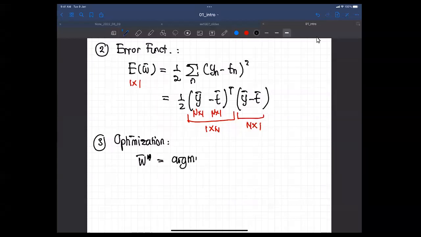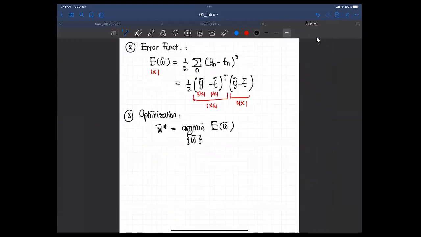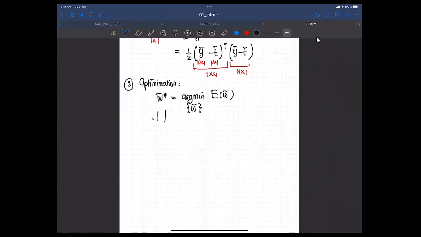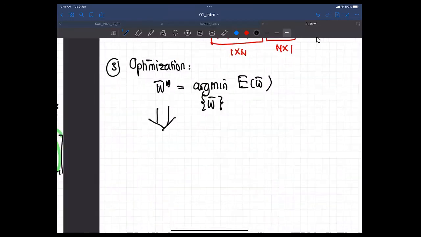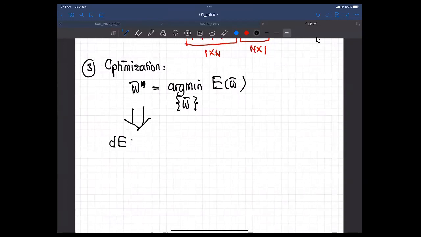So this means the candidate of all W that minimizes E of W bar. Now what can we do here? After we get the optimization, what is the next step? The derivative. So now the derivative is dE of W bar divided by what? Divided by d what?